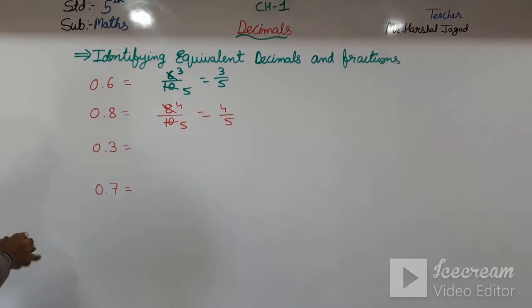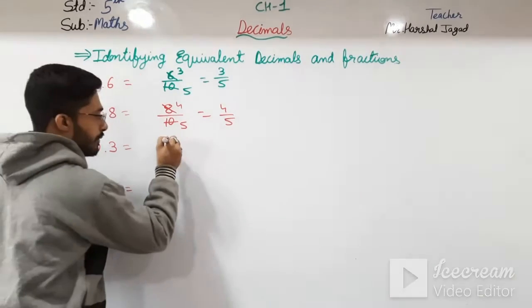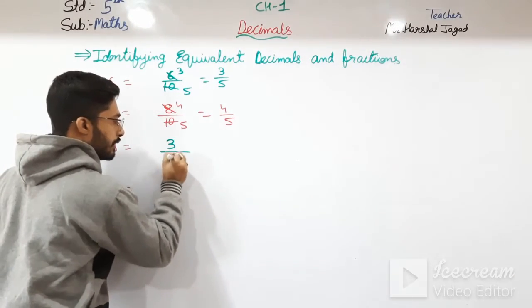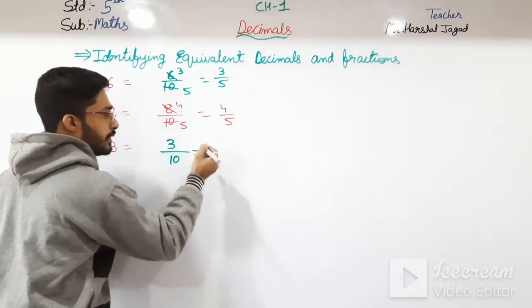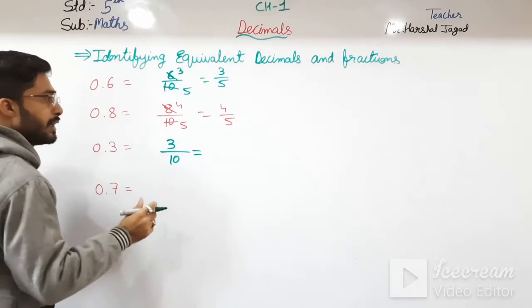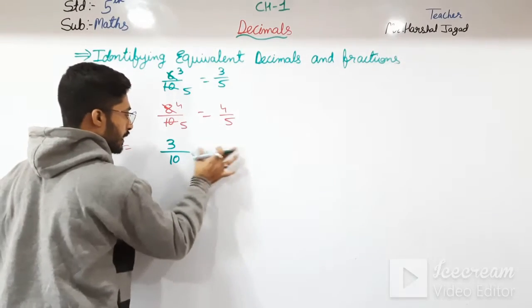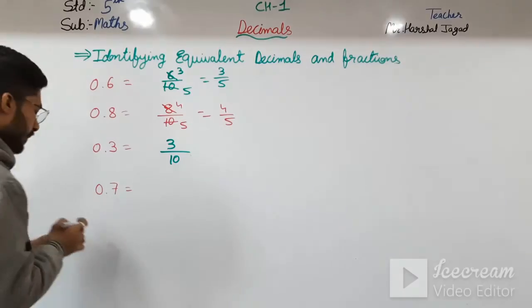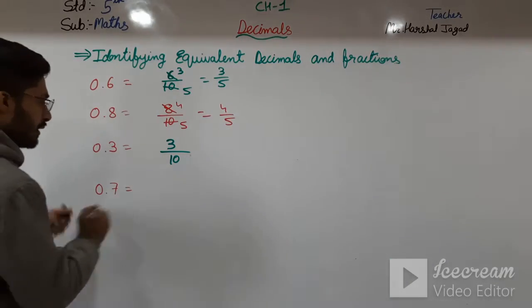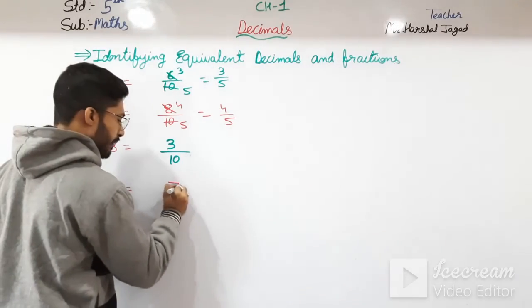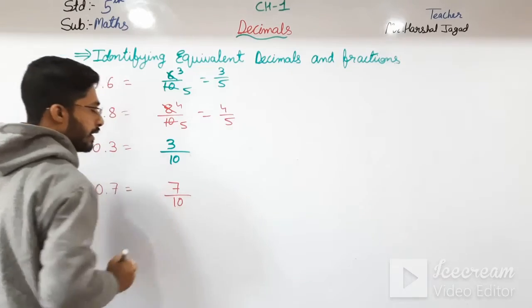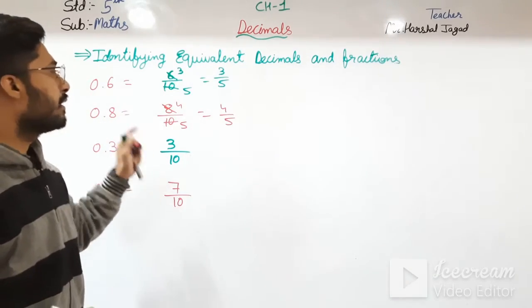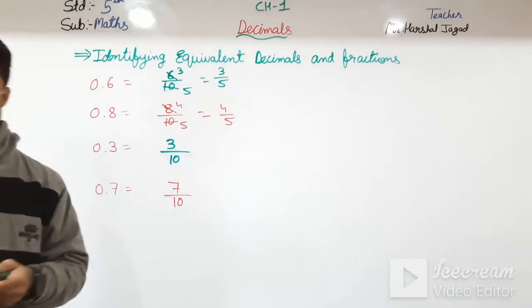Another one, that is 0.3, that is 3 by 10, is equal to 3 by 10 only because it cannot be cut. Now 0.7 can be written as 7 by 10. It cannot be cut. Okay, so these are the answers.